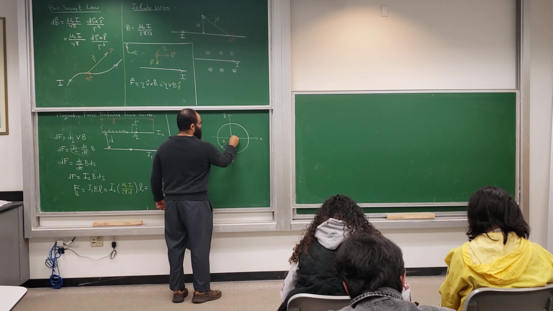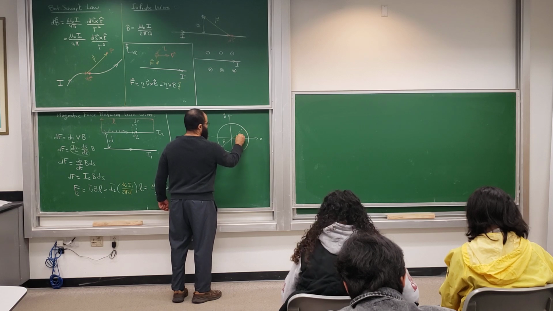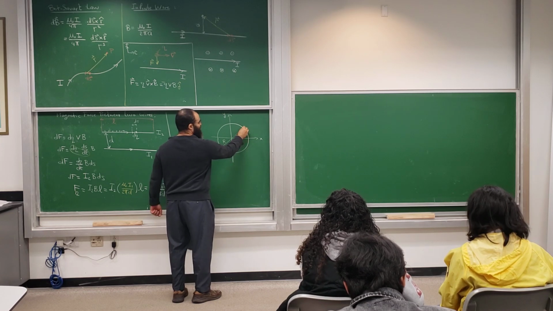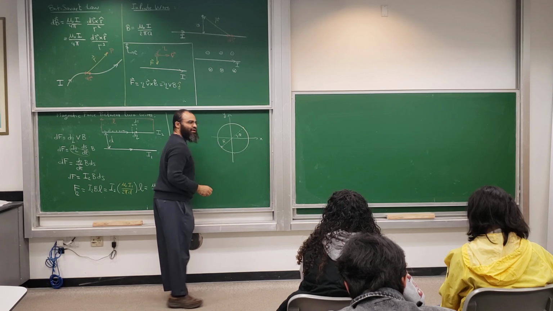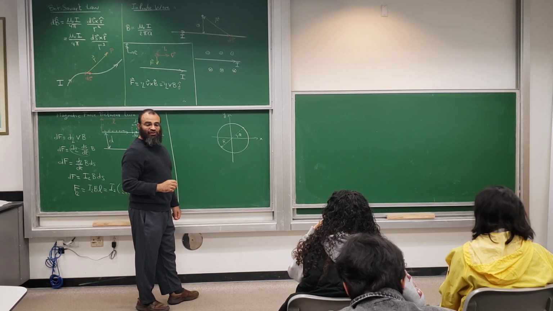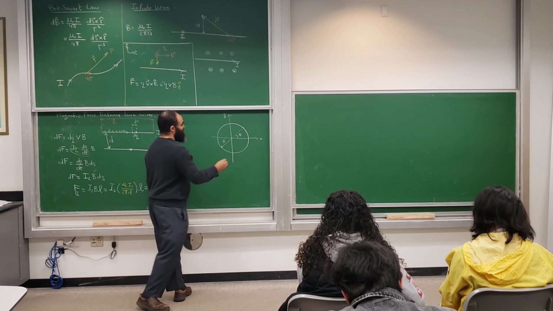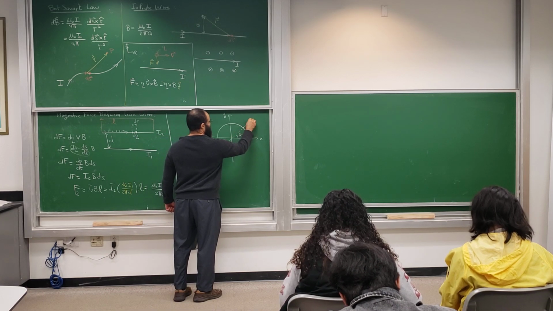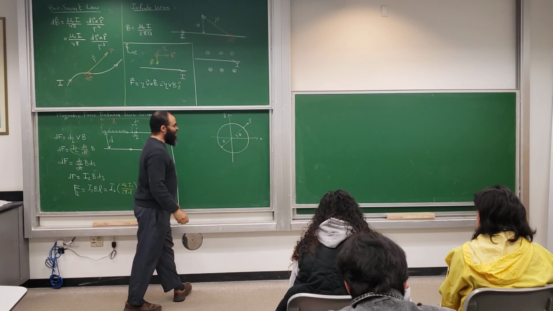So if I'm here, let's say this is angle theta or phi. Let me call it theta. In what direction is the r hat direction? If I'm here, it's the radial direction. It points radially outward, right? So this is r hat.